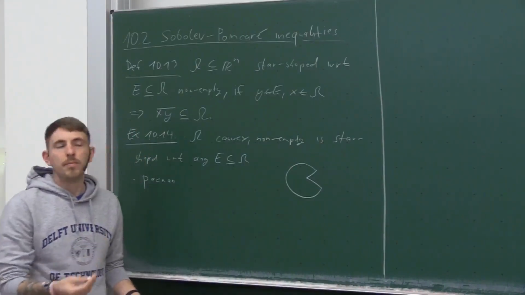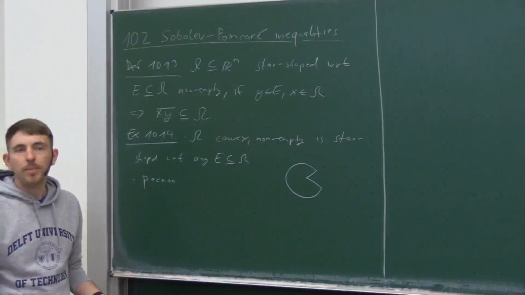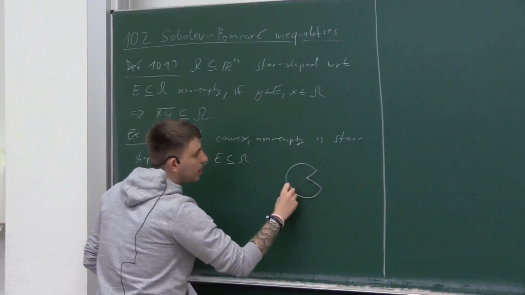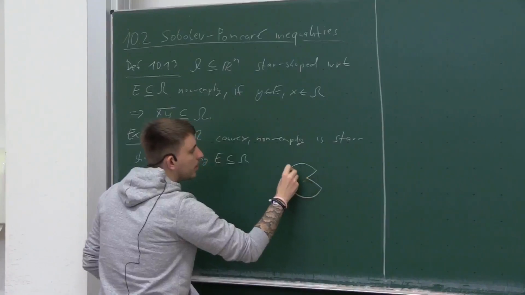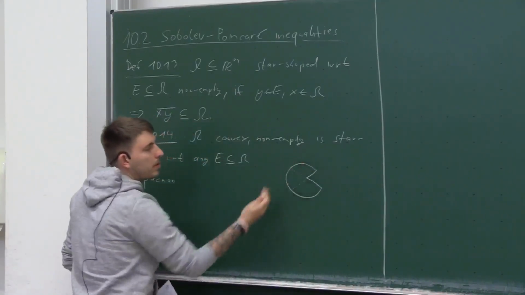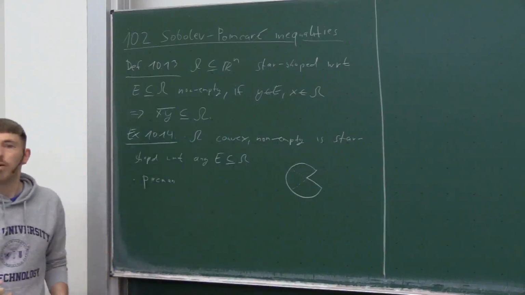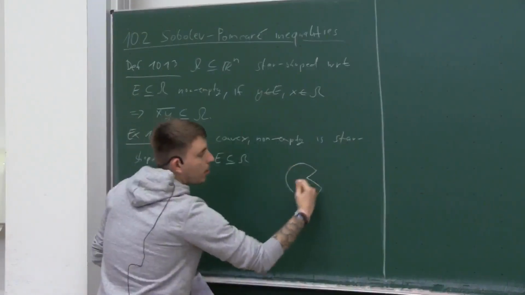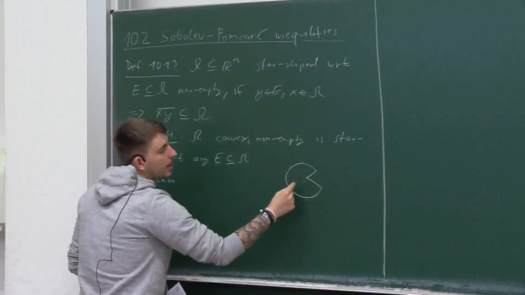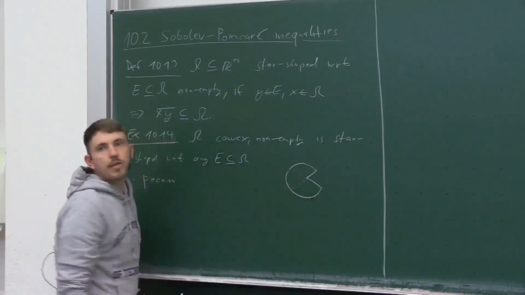So let's see, how can it be star-shaped? Let's draw here some auxiliary lines. We see that in this upper half circle, we have a convex set. In this lower half circle, we also have a convex set. So we can place any set E in between, in this piece of cake here.